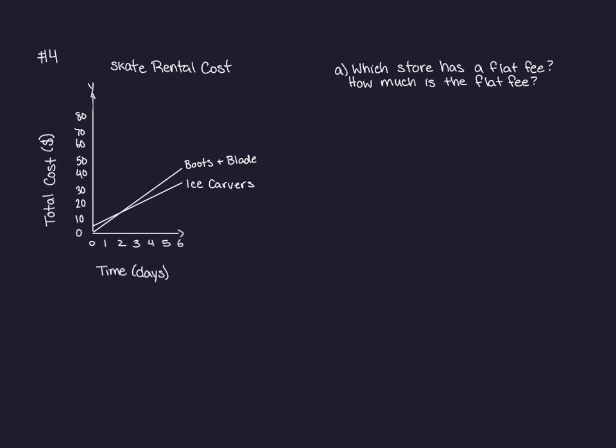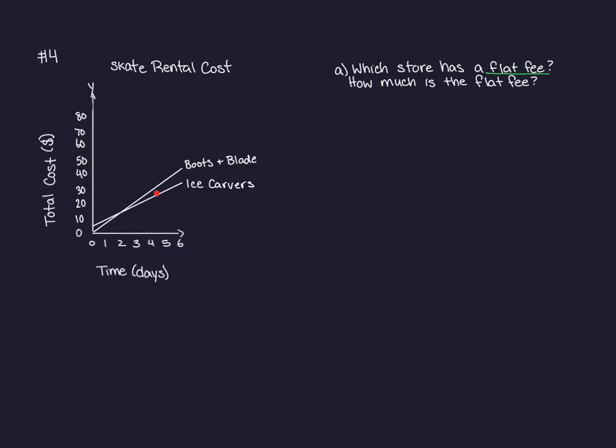If you remember from our previous units, a flat fee is when there's a base charge before you start multiplying things. So it costs you something before you even leave the store. If we look at 0 days, before you've started going, this first graph for Boots and Blades doesn't cost anything.